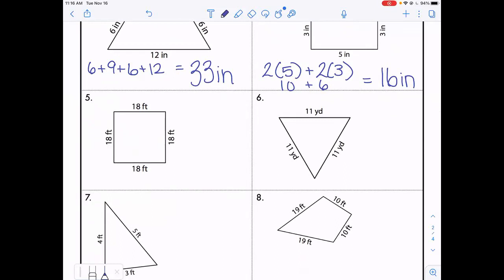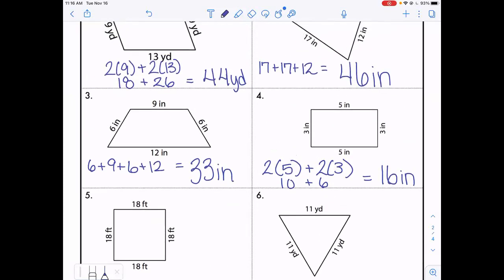What's 18 times 4? 72. Okay, number 5, how do I do that?